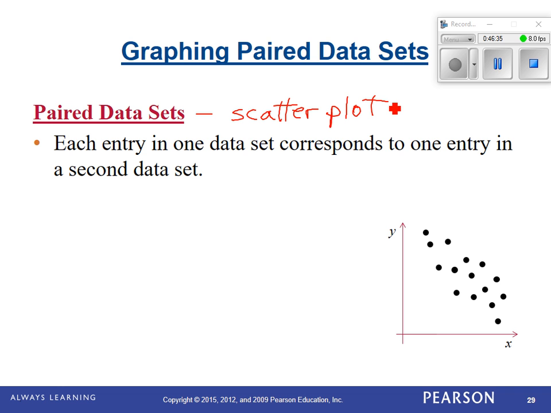Sydney's sister's getting ready to have a baby. Once she has the baby, she'll go to the doctor, and that doctor will come out with a little chart with a line on it. What they've done is taken a scatter plot of all the babies over the past however many years and graphed their height and weight compared to each other.